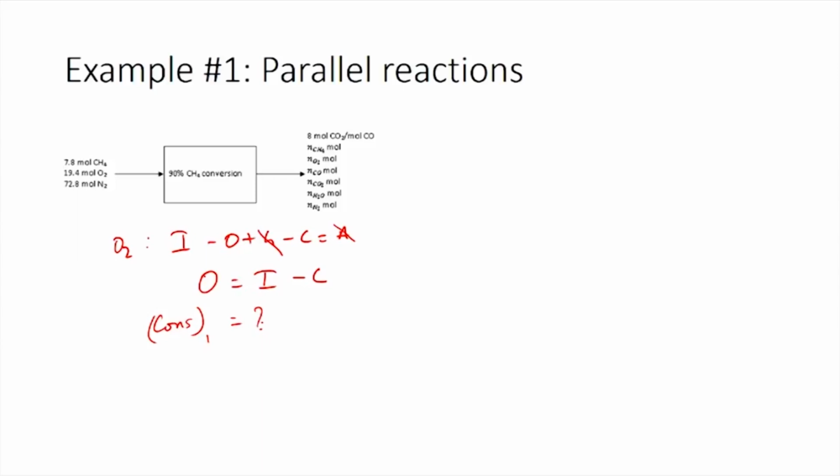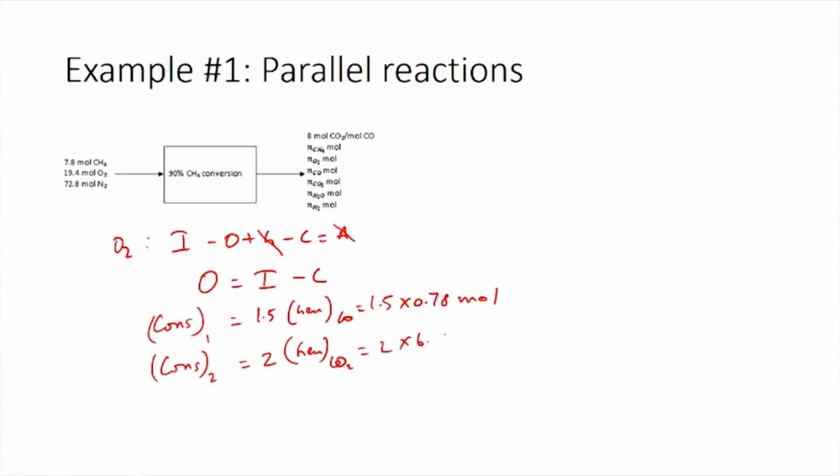So, using that, we can calculate the consumption of oxygen in the first reaction as 1.5 times the generation of carbon monoxide, which would be 1.5 times 0.78 moles, and the consumption of oxygen in the second reaction would be equal to 2 times the generation of carbon dioxide, which is 2 times 6.24 moles.